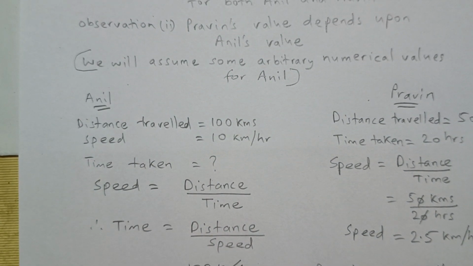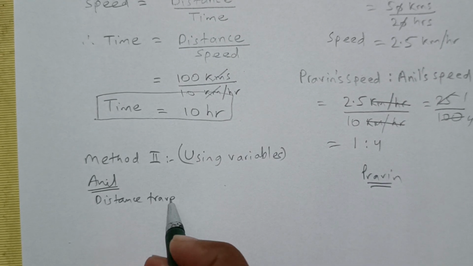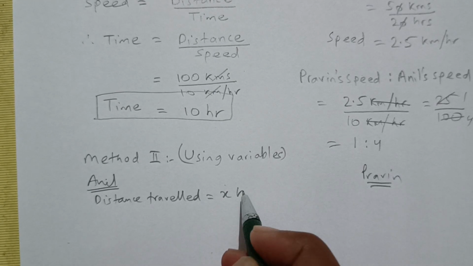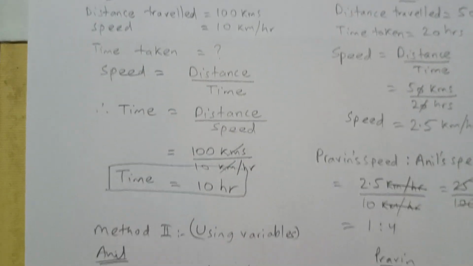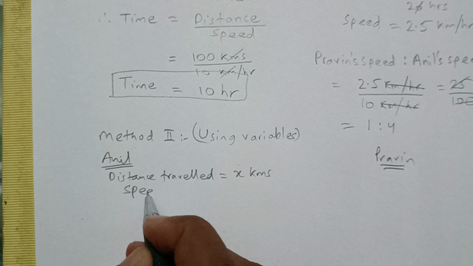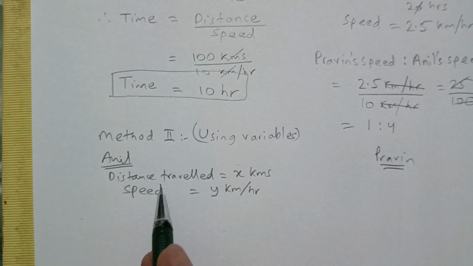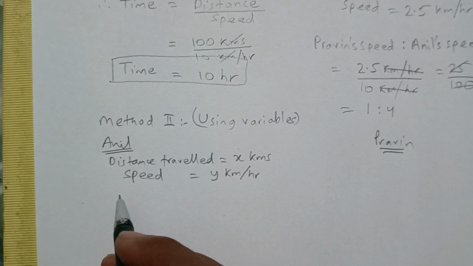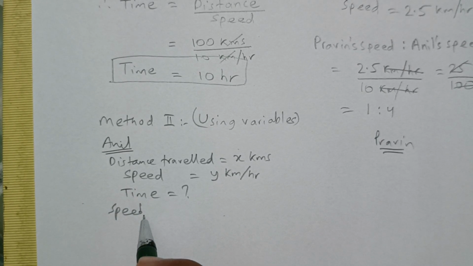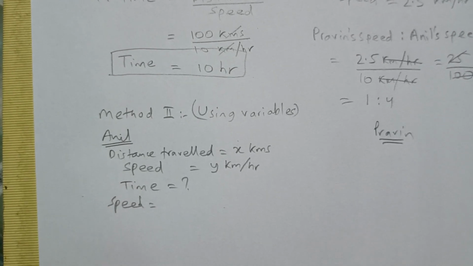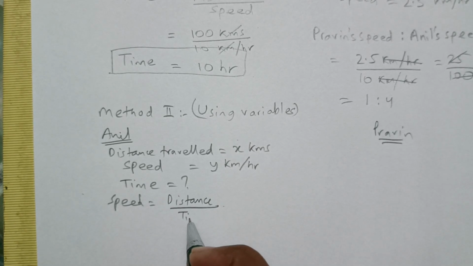So let us say the distance traveled by Anil is x kilometers, and the speed of Anil is y kilometers per hour. So from here I can find out the time taken by Anil. We know that speed is equal to distance upon time.